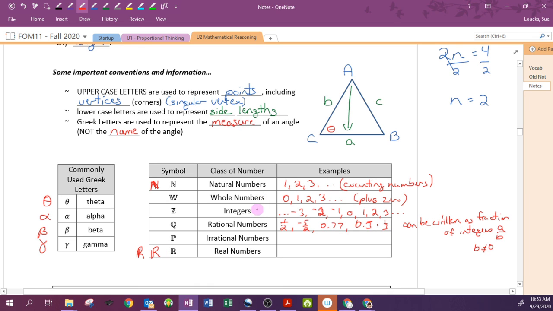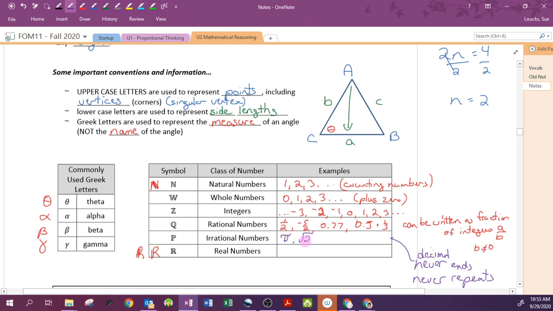An irrational number is one that you can't write as a fraction of integers. And if you write it as a decimal, it never ends and never repeats. So, for example, pi is an irrational number. 2 squared?